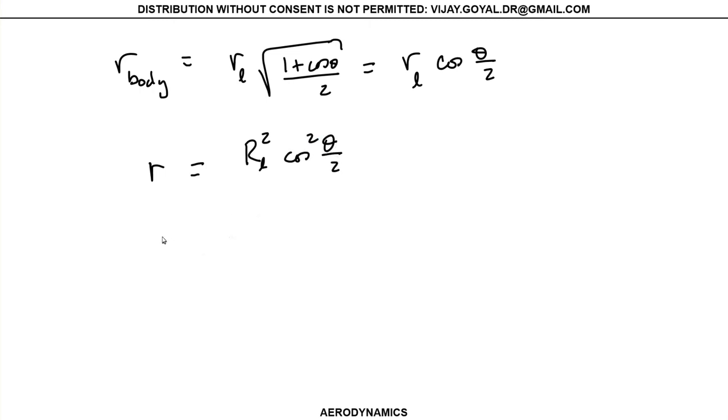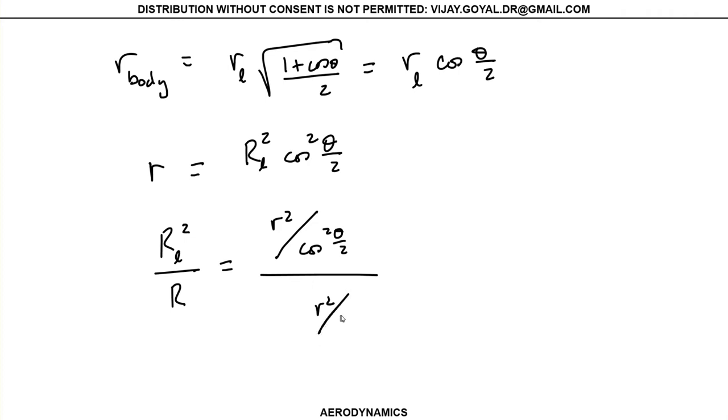If I take the ratio of RL squared divided by my total R, you can show that this is equal to 4 R squared divided by cosine theta over 2, all of this divided by R squared sine of theta squared.